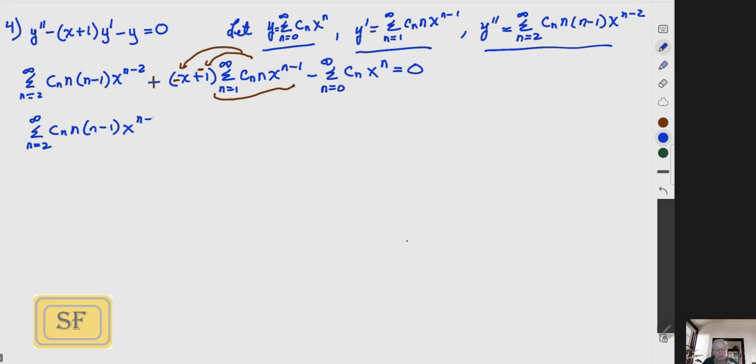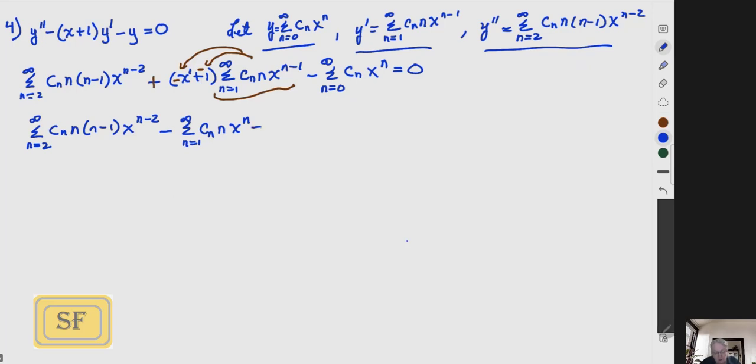And then on the second term, when I multiply by that negative x, I'll bring that x inside because I know I need to. So when I write my summation, I'll have the sum as n goes from 1 to infinity, c sub n times x to the n, because I'm adding a power of 1 where I have a power of n minus 1. Those will cancel.